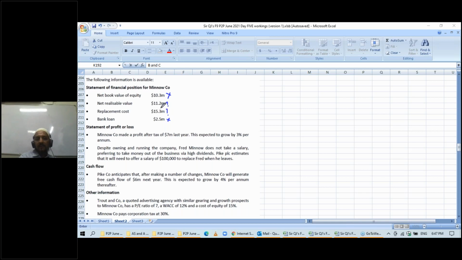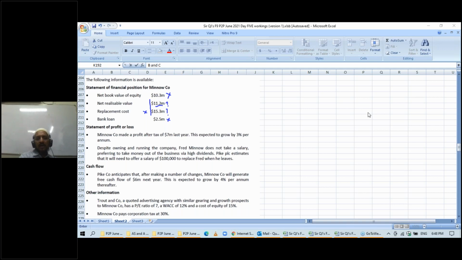What are they asking? The minimum value. So the minimum should be 11.2 million. The other cannot be the minimum because NRVs apply if a company is not performing well and they want to sell it, so the minimum amount will be the net realisable value. Out of these two items, the minimum amount is 11.2.